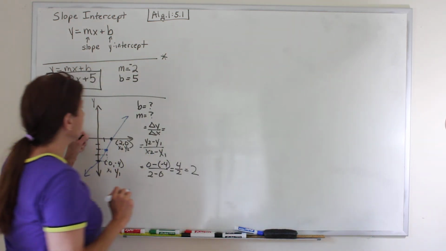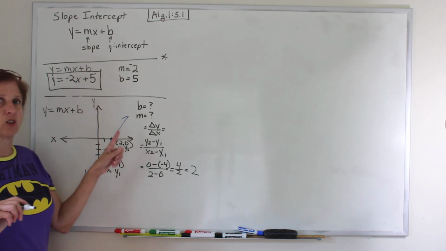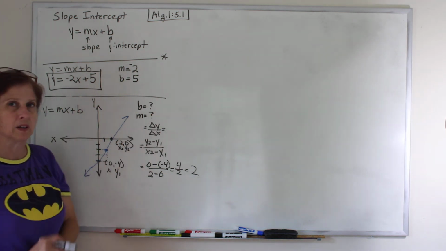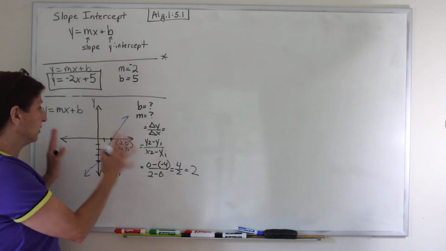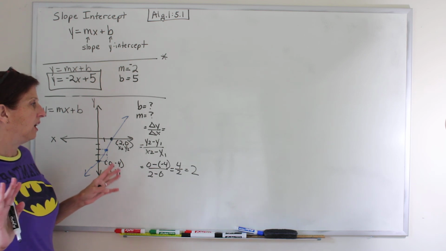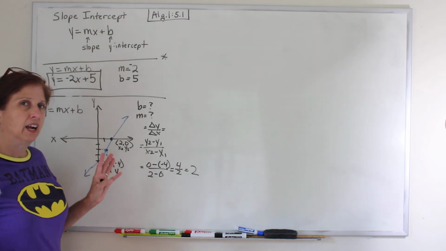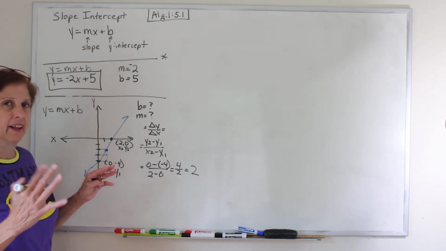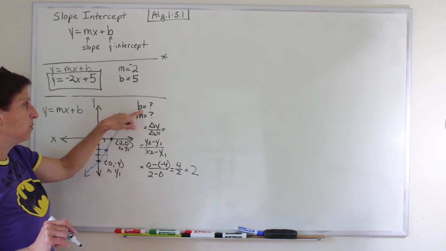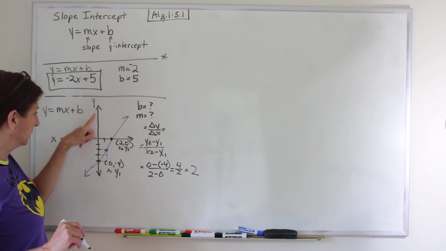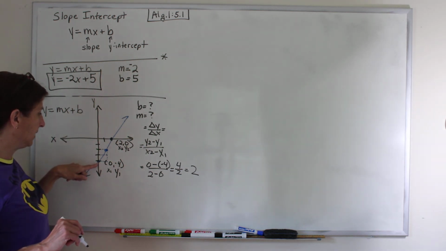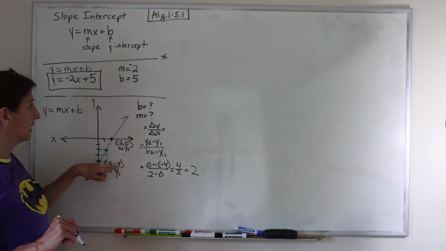Alright, here's another one. This one they gave us a graph and they want to know what's the equation, what's the y-intercept, and what's the slope. Now if you're given a graph, there's really two ways to do this. And I'll explain to you sort of the shortcut way and the really right way to do it. Okay, so first we're going to find the bare number, which is the y-intercept. So we look on y and we see where our line runs into y, and it ran into it at y is -4.